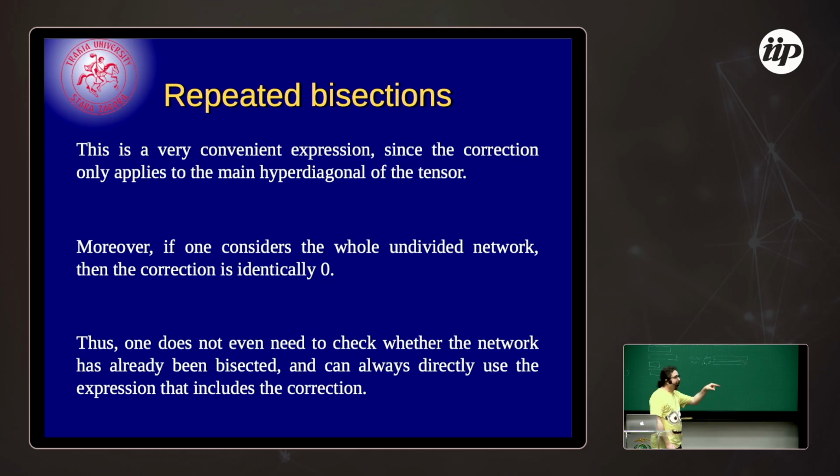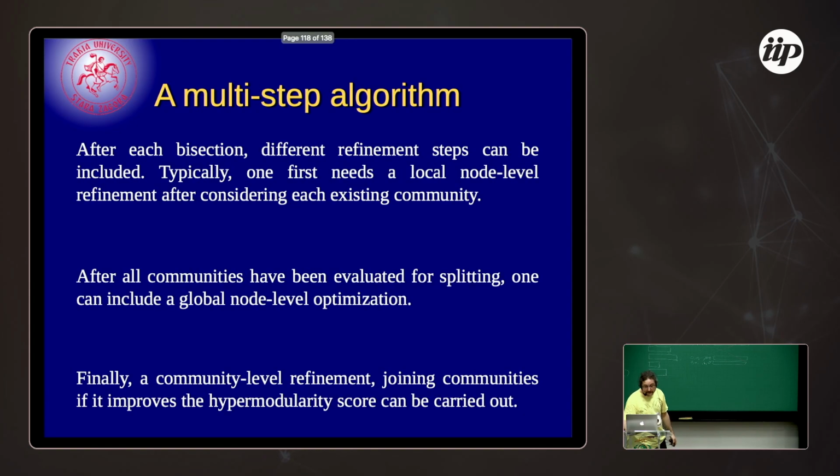You don't need to say, if number of bisections is greater than 1, then apply the correction. No, just compute it directly. Because at the initial stage, it's going to give you 0, so nothing's going to change. And it's still only O of n. And n operations over something that is a little bit more messy than n is not going to be a big deal. So this saves the day, this whole calculation for the repeated bisection.